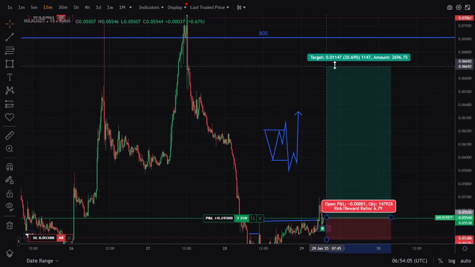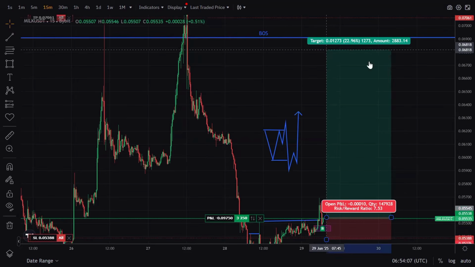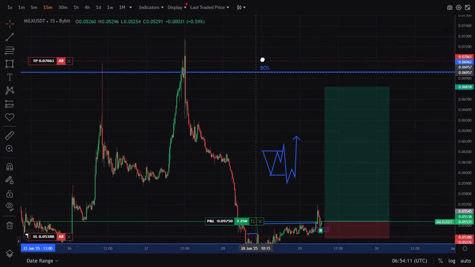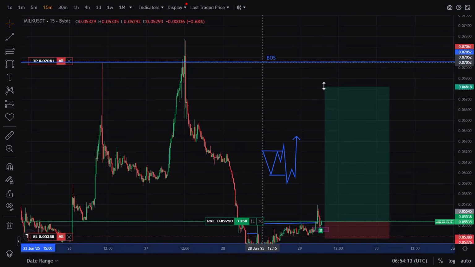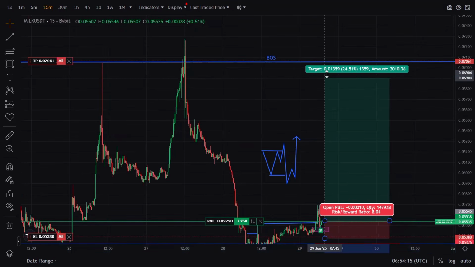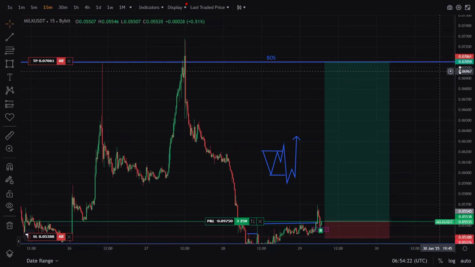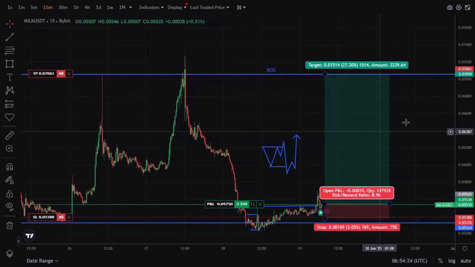The break of structure was here. It should give us a 1 to 8 or 1 to 9. Good, so this is a 1 to 9 risk to reward.